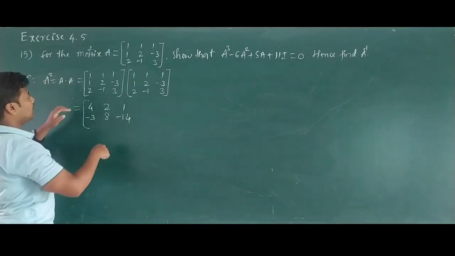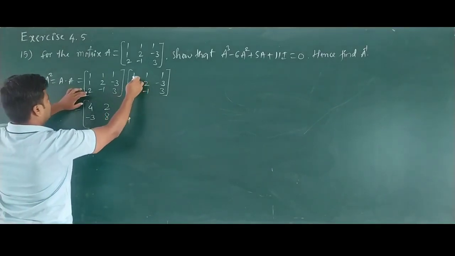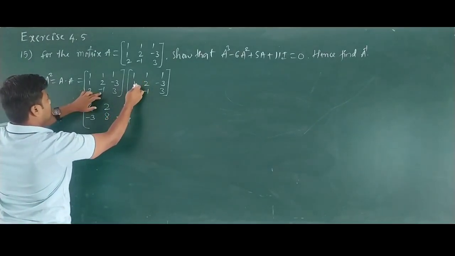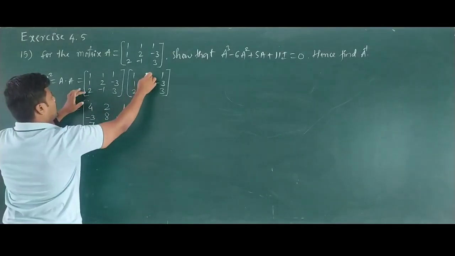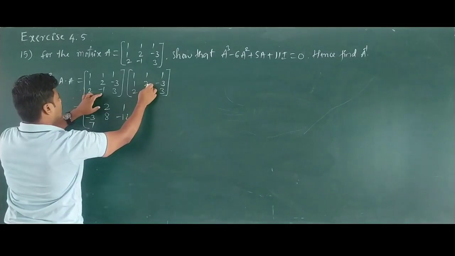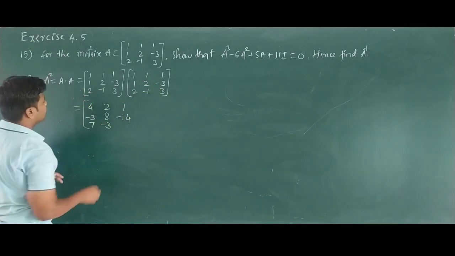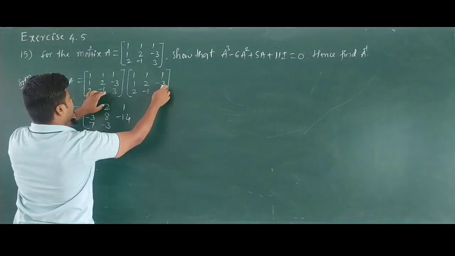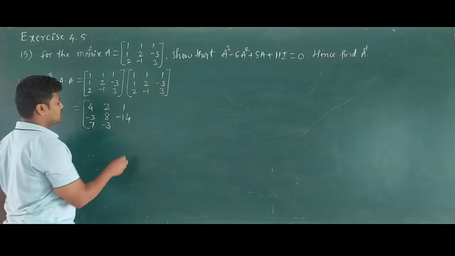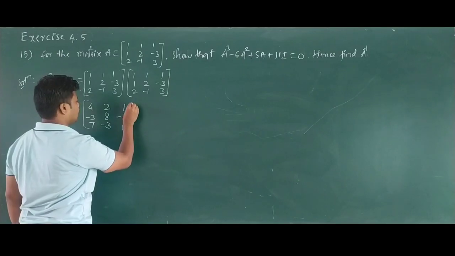Next, 2 minus 1 is 1, plus 6 is 7. 2 minus 2 is 0, minus 3. 2 plus 3 is 5, 5 plus 9 is 14.